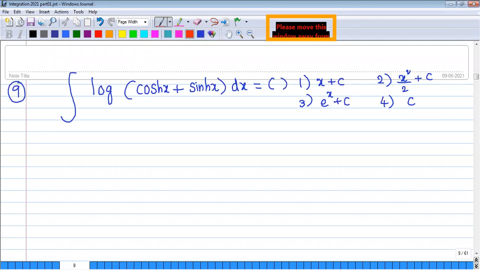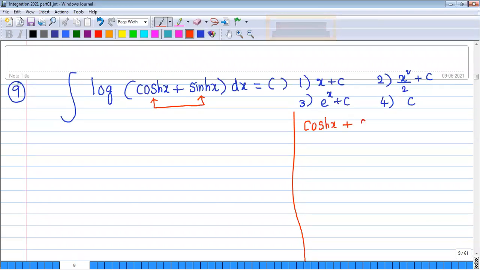So first let us find out cos hx plus sin hx value. In the derivatives we have discussed hyperbolic functions also. Cos hx is e power x plus e power minus x by 2.